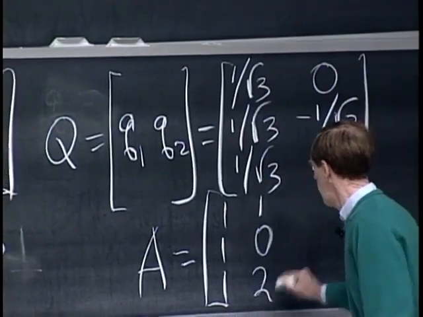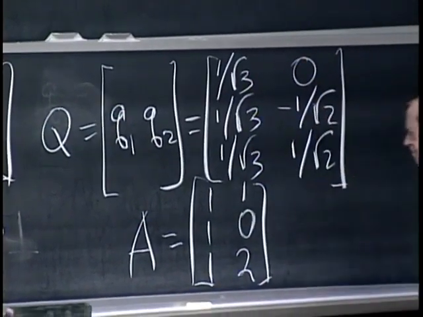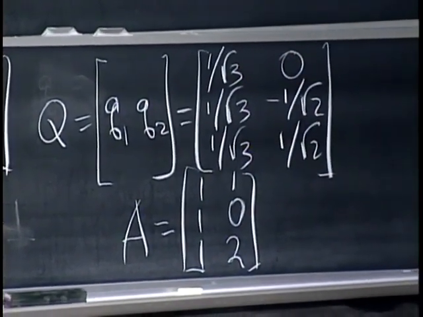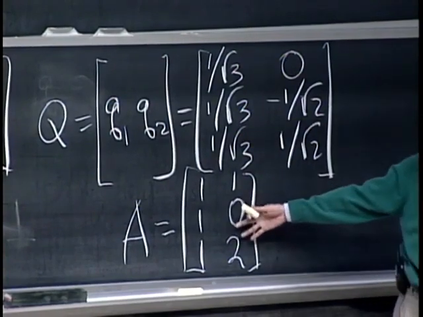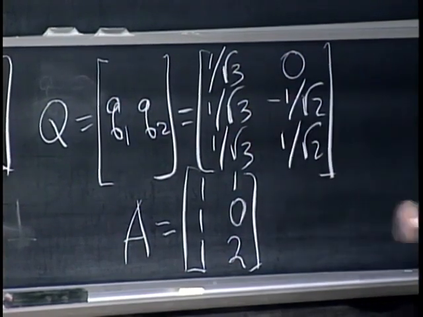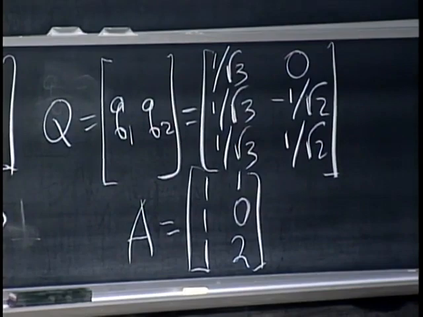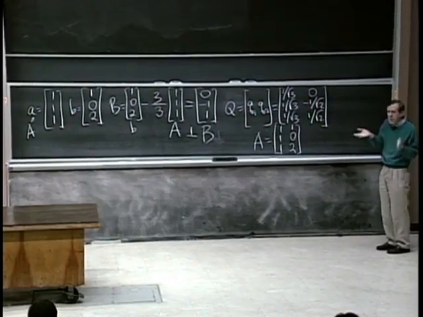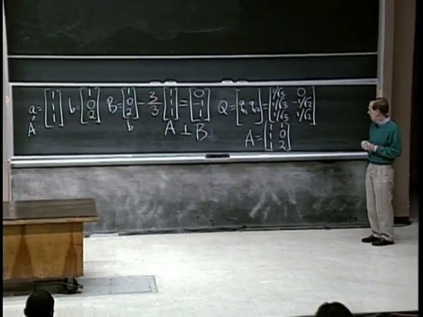That was my original, guys. These were the two I started with. These are the two that I'm happy to end with, because those are orthonormal. So that's what Gram-Schmidt did.